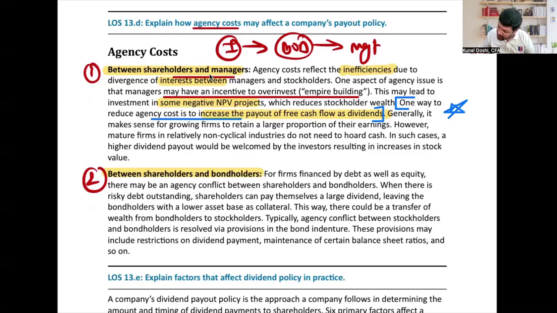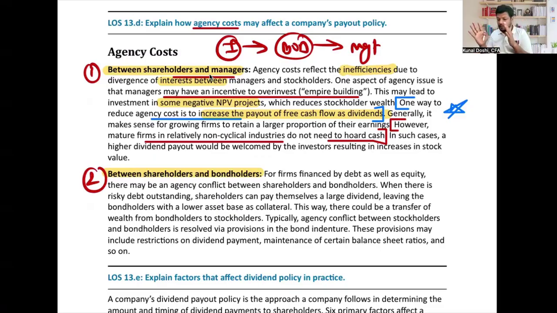However, mature firms in relatively non-cyclical industries do not hold cash. Mature companies like power companies or distribution companies, where the business is relatively stable, don't want to keep holding regular cash. They give regular dividends. (Oil and gas is cyclical, so not that.)